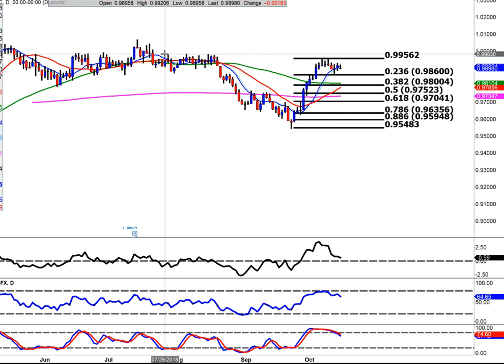You've got a rake of overhead resistance just above there, coming in at 99.85, 83, 90. So we're in at a really good level. Okay, we're in up here, so bear with it.